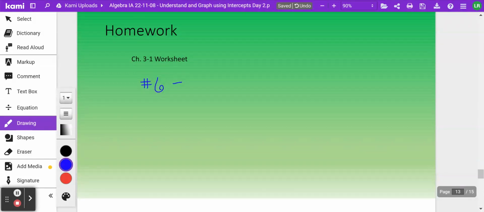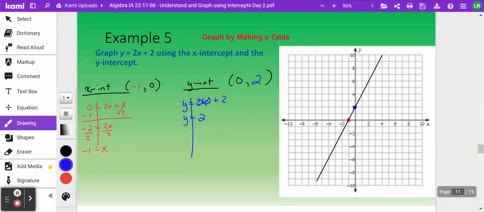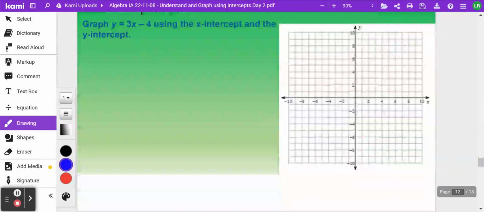If you do it correctly with Word, that becomes an extra point on your assignment, so you can get a 6 out of 5. Other than that, make sure you are showing your work. Each problem, you should have the x-intercept and the y-intercept written, similar to what I have done here on this problem.